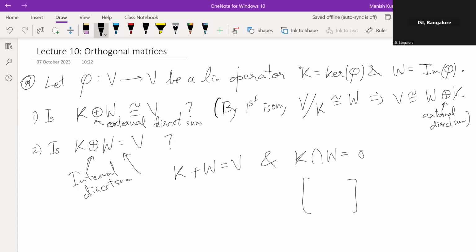One can try a 2 by 2 matrix such that the image is the subspace generated by E1, and the kernel is also the subspace generated by E1. So maybe you put 1 here, 0 here. This certainly kills E1, but its image is not E1, and I don't want it to be non-singular.